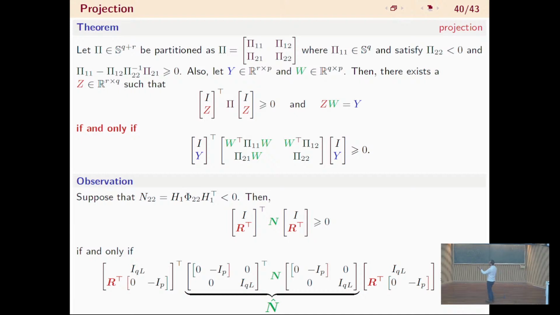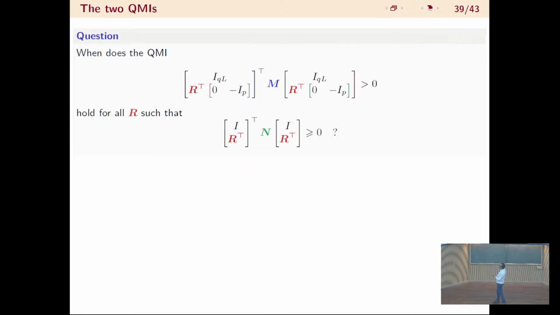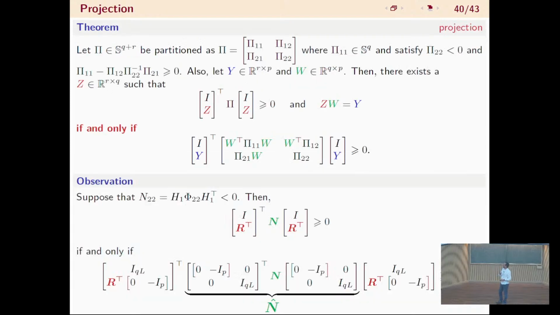If I assume n22 is less than 0, I can write this QMI now with this variable. I need to multiply by W transpose and W from left and right, and this is my W. If I do it on N, I obtain N hat. Now, if I go back, I have two QMIs with the same variable.